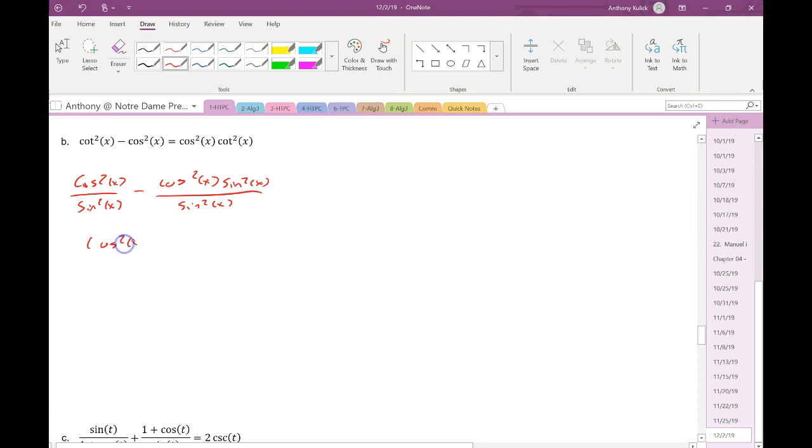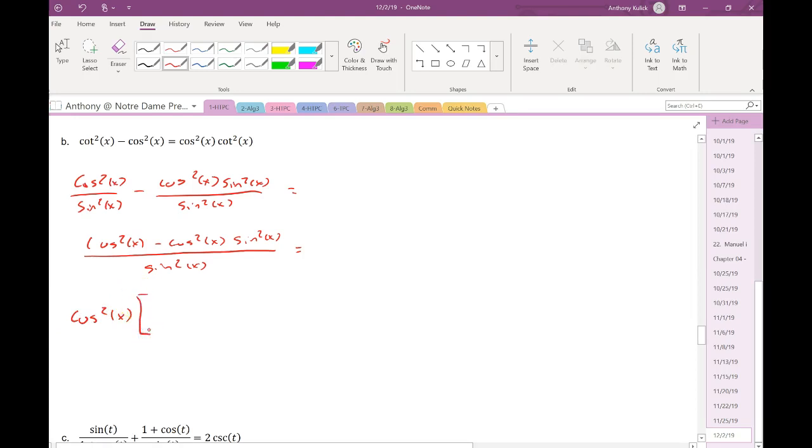So if I write this as a single fraction, I have this. Now look in the numerator. I see a greatest common factor. That greatest common factor is cosine squared. So let me take that out.